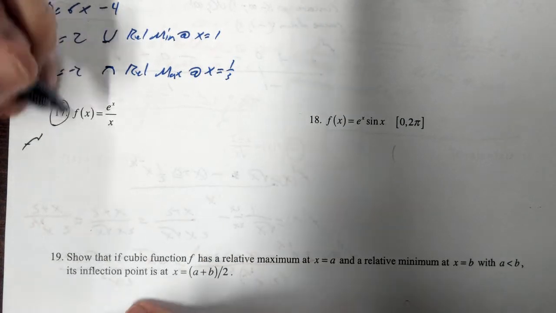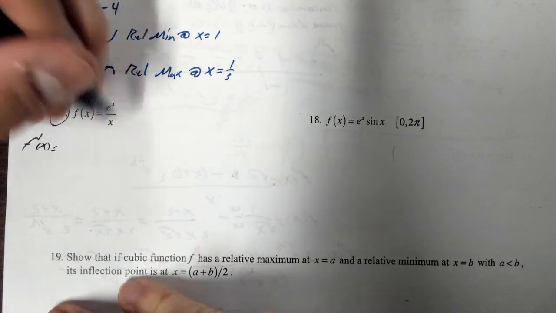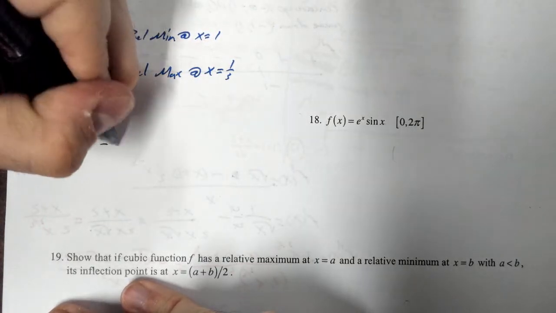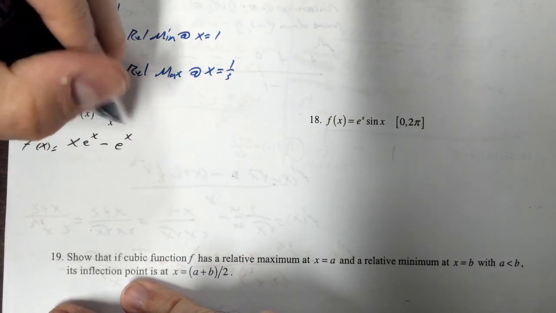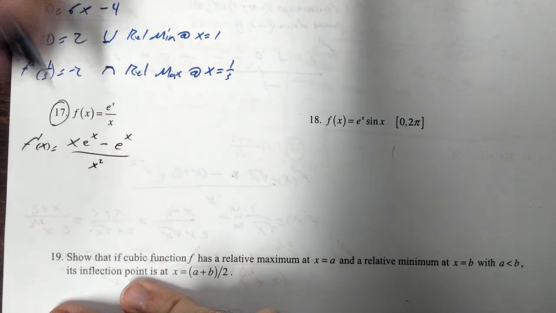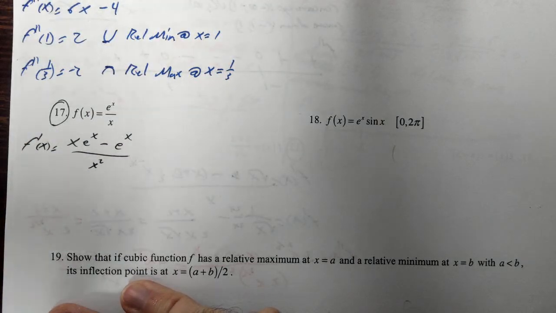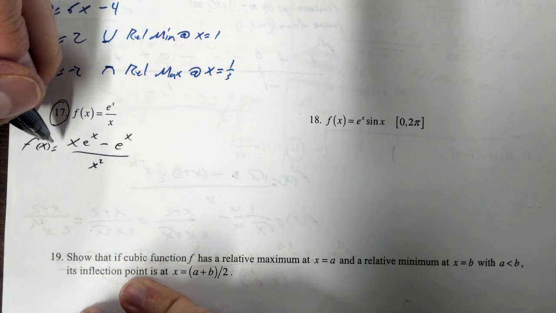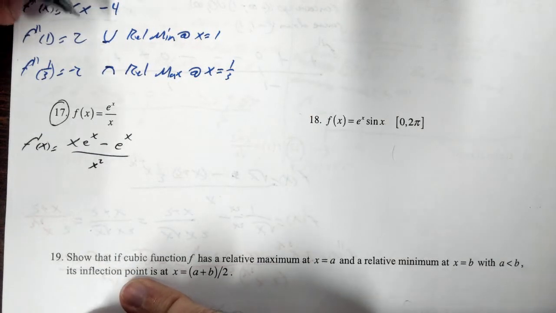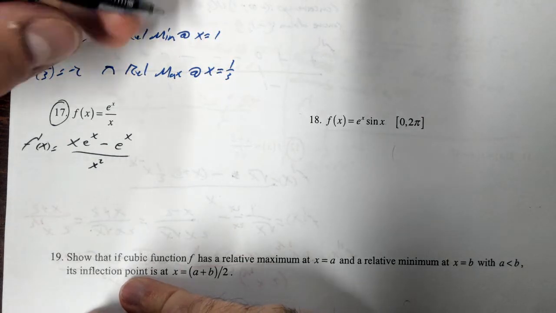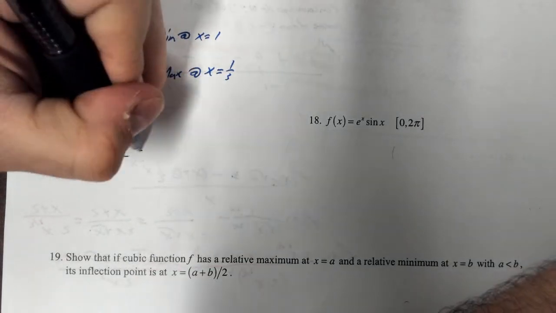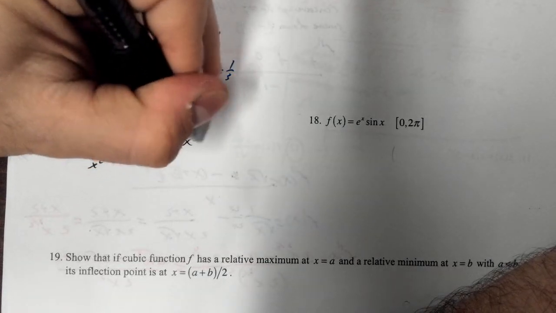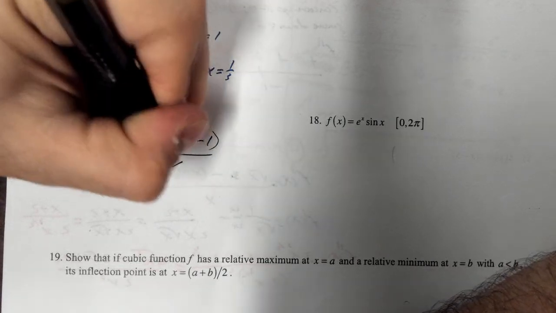F prime of x: low d high, e to the x, minus high d low, which is just 1, over x squared. We want to know, so e to the x, x minus 1, over x squared.